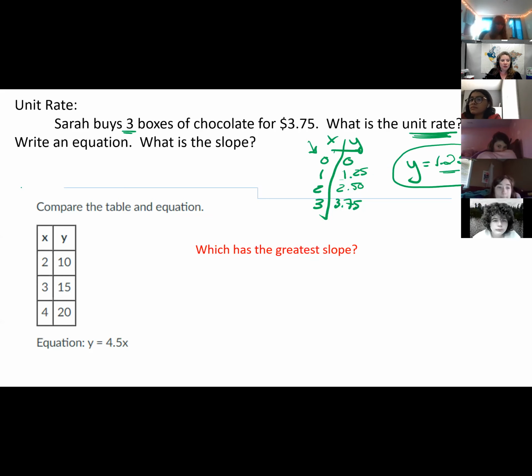All right, here's a good question for you guys. You're given a table and an equation. The question is, which of these has the greatest rate, or the slope, excuse me. Which of these, the table or the equation, has the greatest slope?